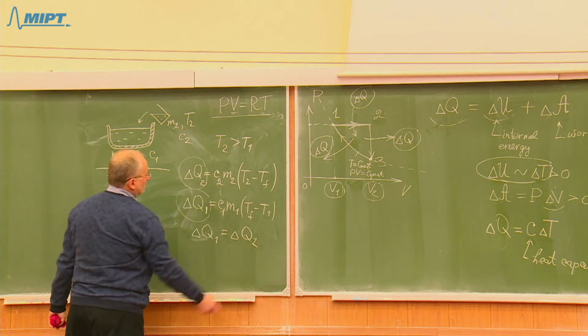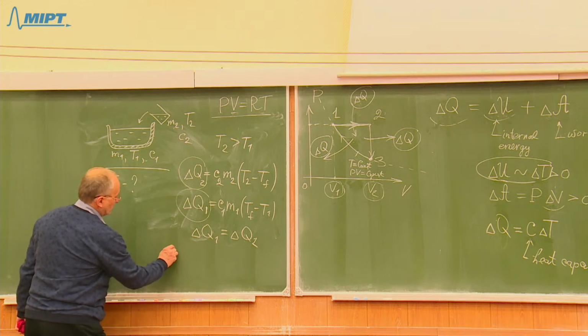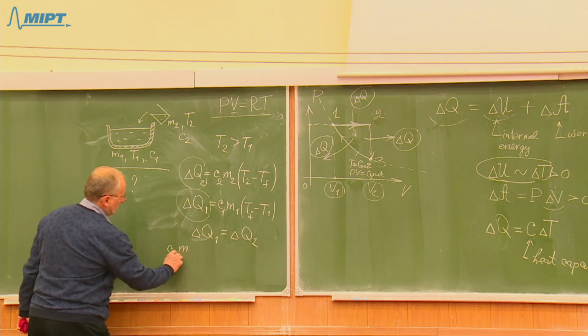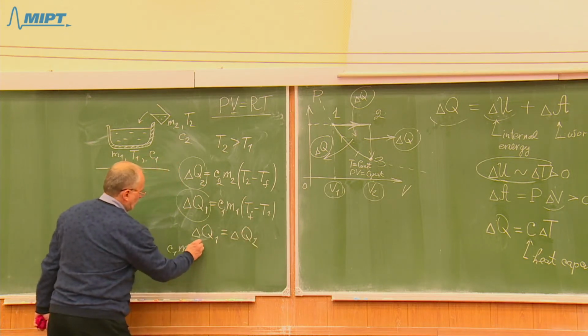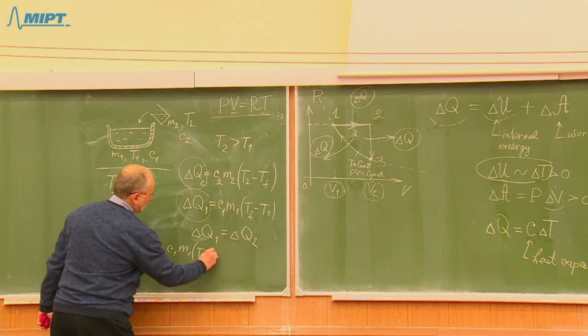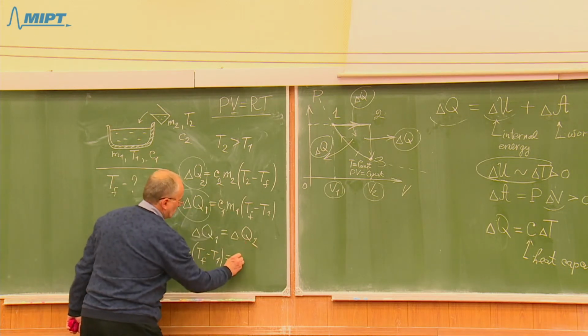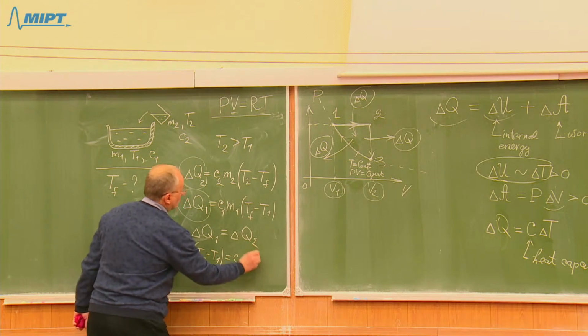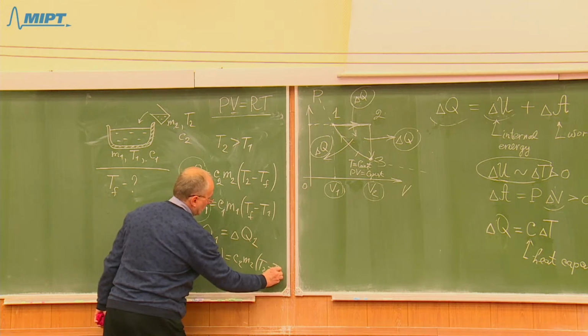Well, using these expressions, we might simply state that C1M1 times final temperature minus initial temperature should equal C2M2 times initial temperature minus final temperature.